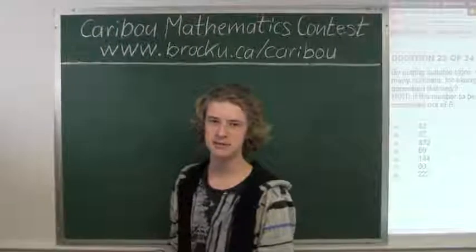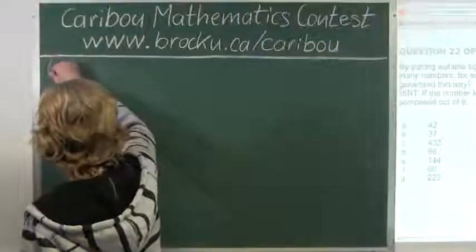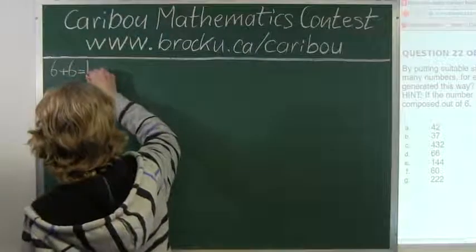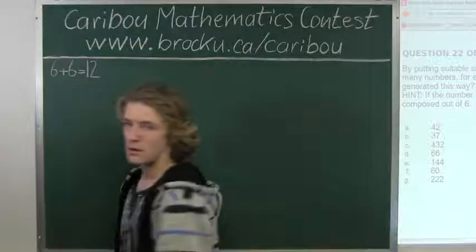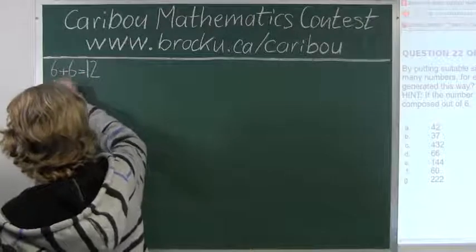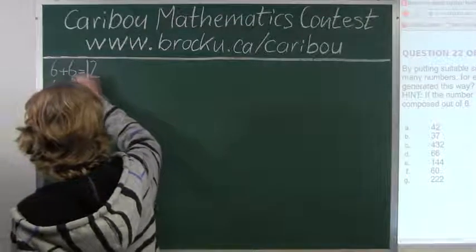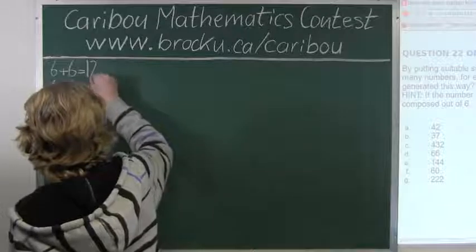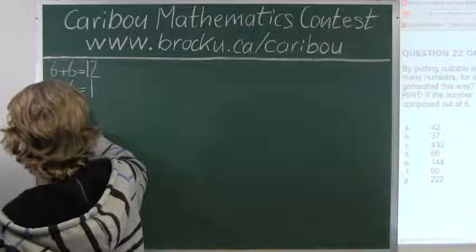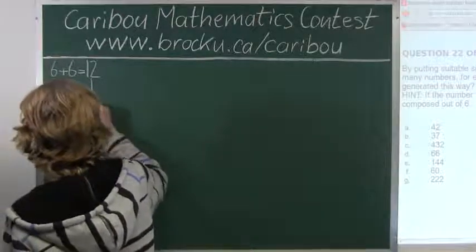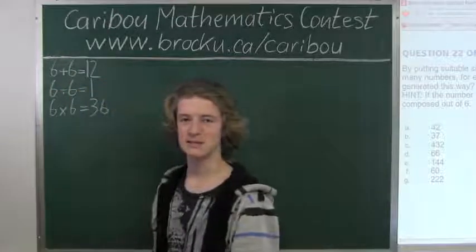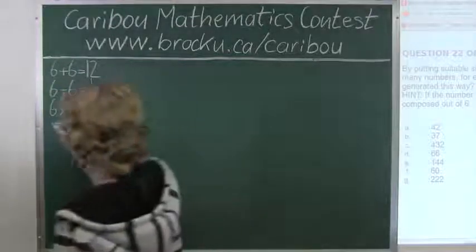So, let's start with 6 plus 6 is 12. 6 divided by 6 would be 1. 6 times 6 is 36. And 6 times 6 times 6 is 216.